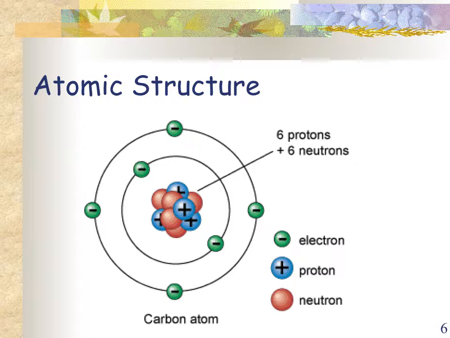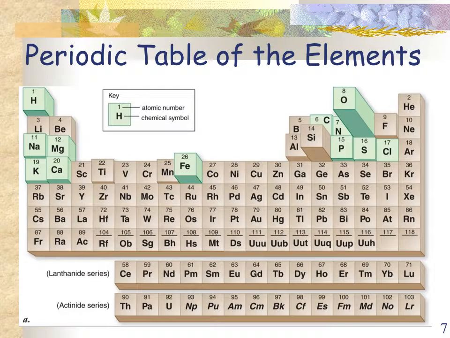Outside the center of an atom, moving around in orbitals or energy levels or shells, are electrons. Electrons have negative charges, and in general, there are certain stable arrangements of electrons: 0, 2, or 8, something like that. Okay, hold your horses now.